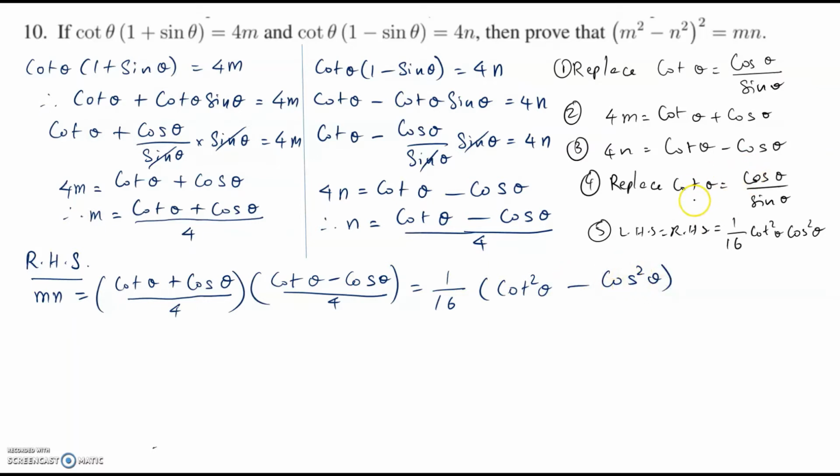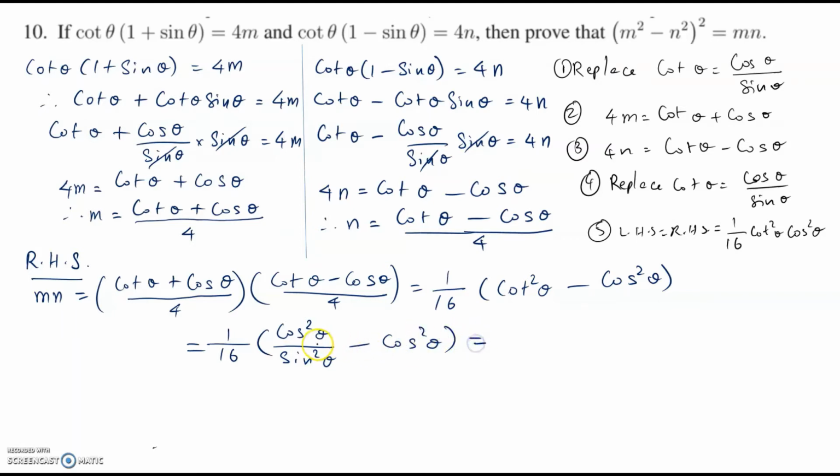Now we're going to substitute cot theta with cos theta by sine theta. So this is 1 by 16 into cos squared theta by sine squared theta minus cos squared theta.